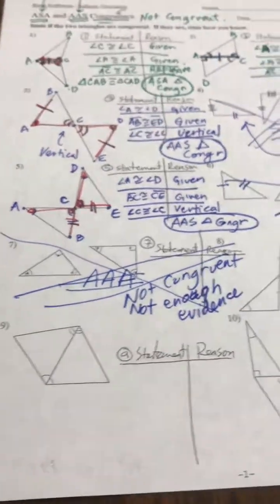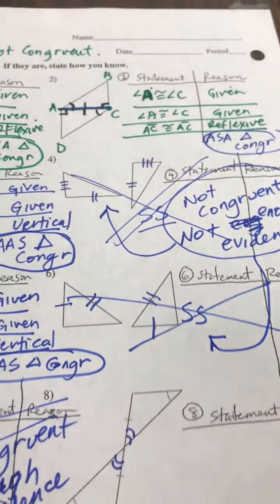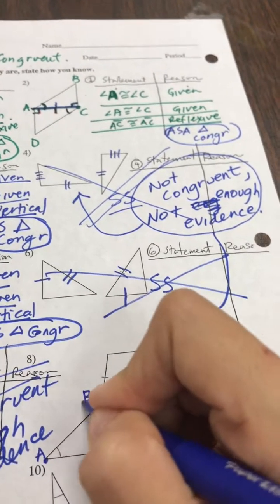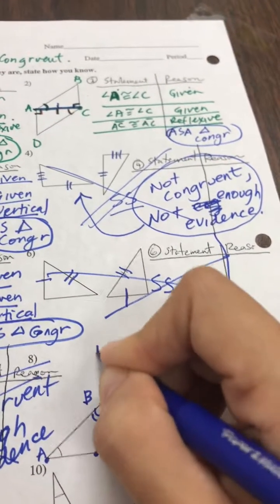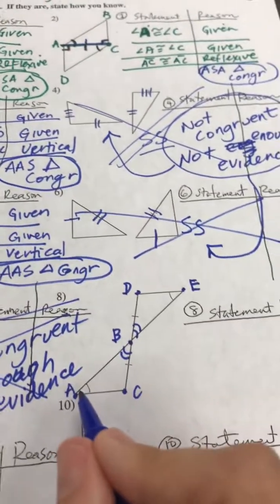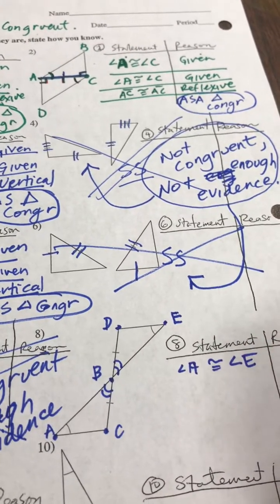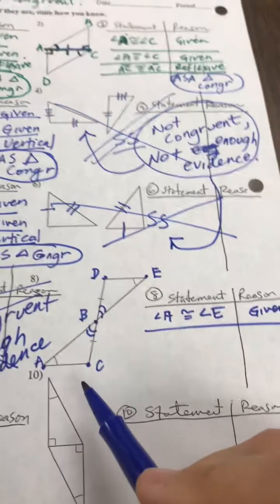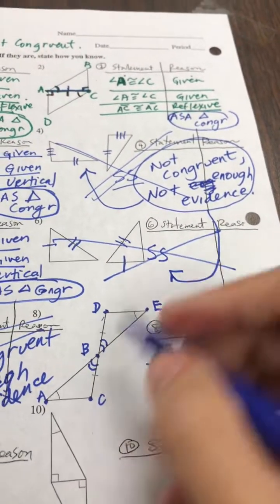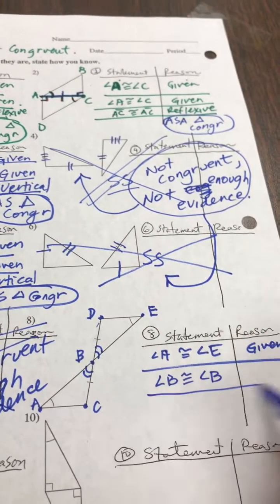Okay, now question 8. I see the vertical happening here, so let's collect evidence, and we should probably name each vertex any letter of our choosing to help us name these sides. Okay, so we have angle A matches angle E, given. One necklace, one necklace. These angle B's are matching because of vertical.